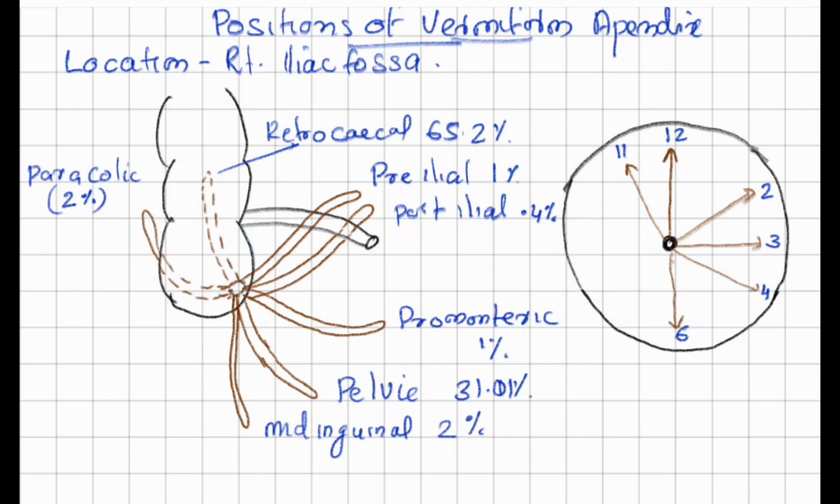So forced extension of the right thigh in such patients causes increased pain in the right iliac fossa, and that test is known as the psoas test. Normally, this test is done in the clinical setup.